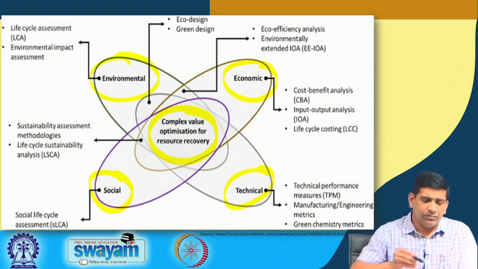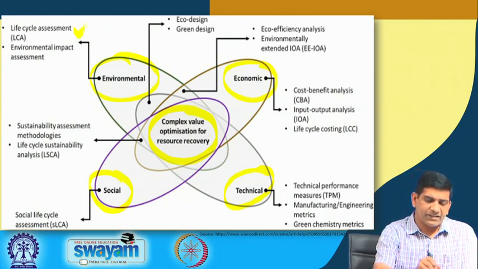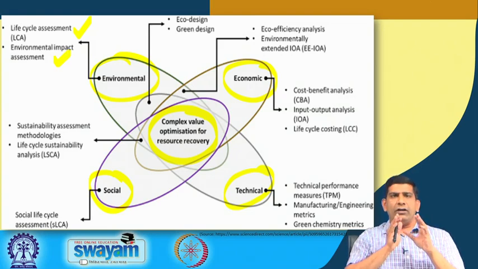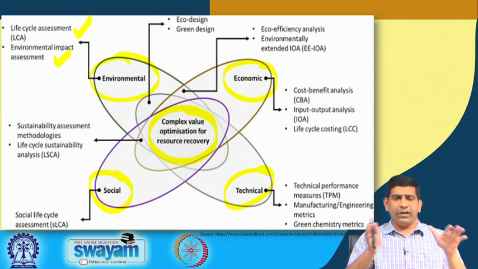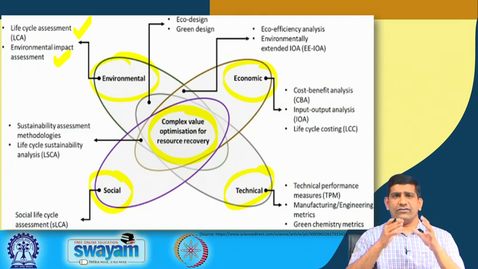For environmental, as we just talked about a couple of slides ago, life cycle assessment and environmental impact assessment are the two broader areas of looking at environmental aspects. EIA, the environmental impact assessment, is something many universities offer courses on. EIA is mandatory for most projects in India or abroad as well. EIA has a localized kind of focus.